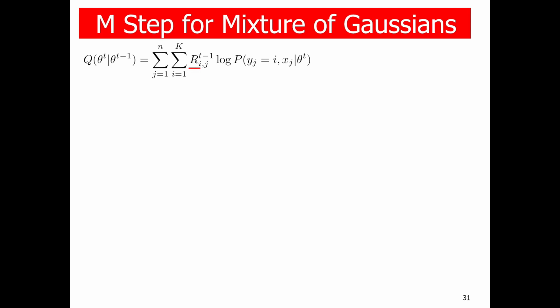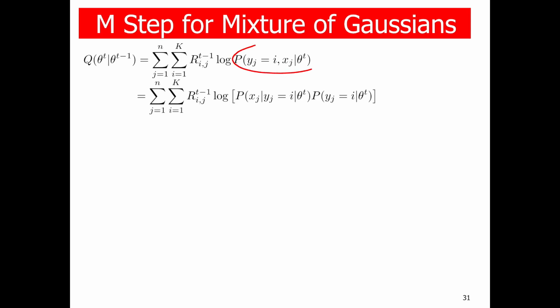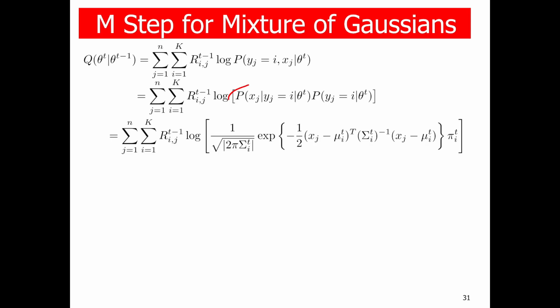Using these r_ij quantities, we can rewrite the function Q. Since the joint distribution of p(y, x) is just the product of p(x | y) and p(y), we get this expression. We know that p(x | y) is Gaussian, and p(y = i) is just pi i, and therefore we have this expression.